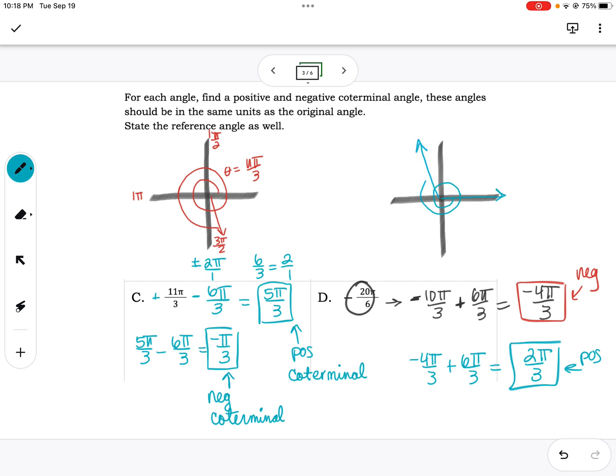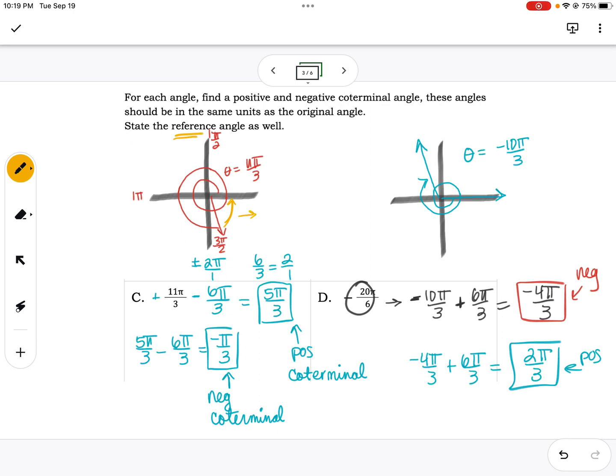So that's going to land me in this second quadrant. Okay, so this is the drawing of negative 10 pi over 3. Now, one last thing to talk about before you take a little bit of time to practice is that reference angle item, okay? So this can really stress people out. But remember, the reference angle, wherever you land, it's just back to the x-axis.